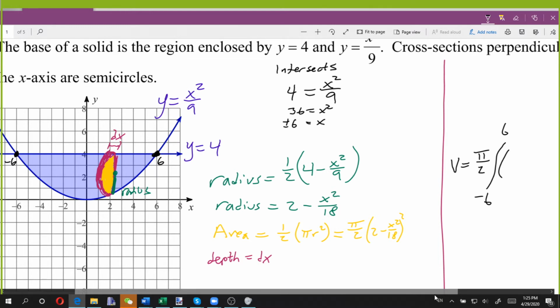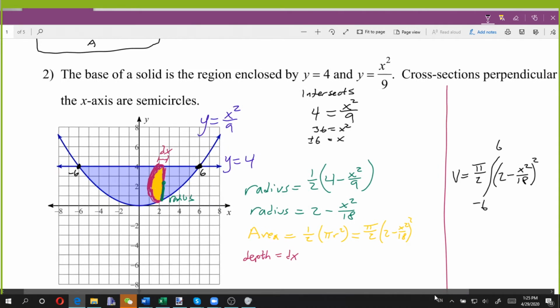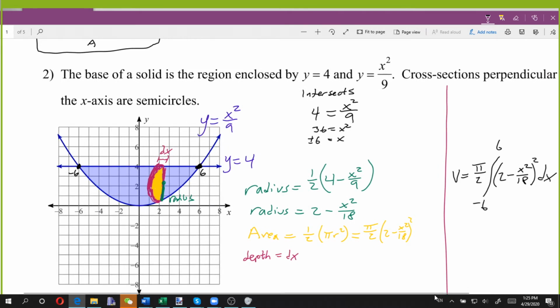So you've got your pi halves, and we need to copy the rest of that: 2 minus x squared over 18, to the power of 2, dx. Awesome.